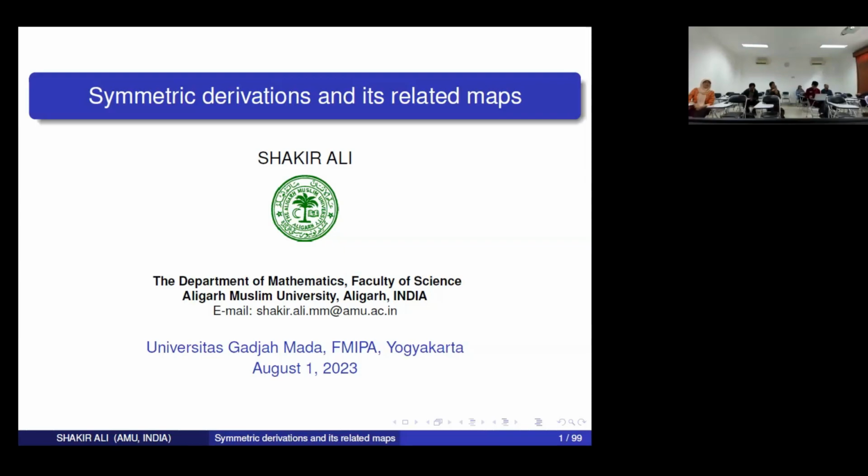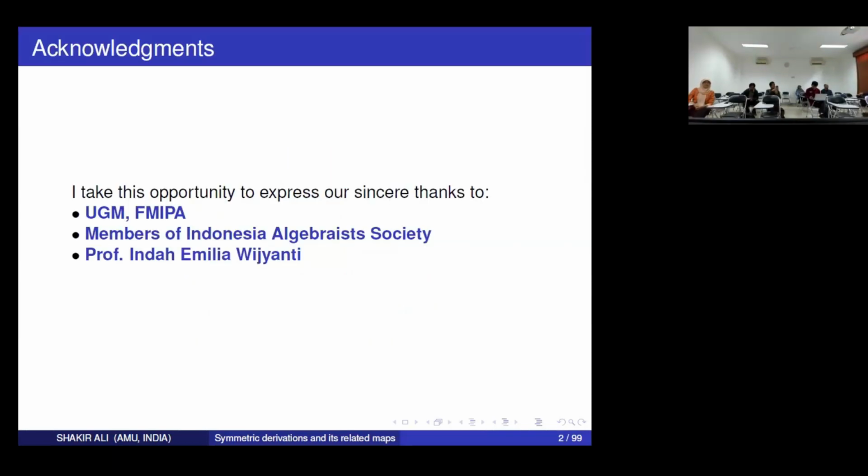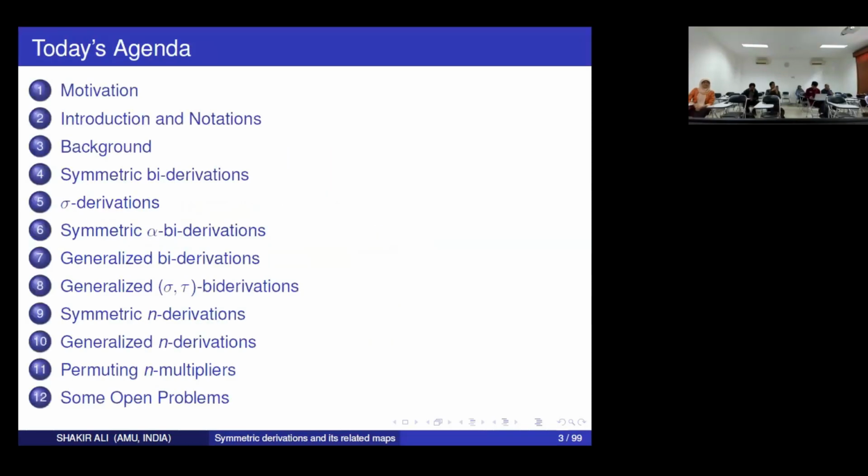Okay, so let me move slowly. These are today's agenda. We will discuss the motivation towards this new idea of derivations, then background and definitions, and then the symmetric derivation.